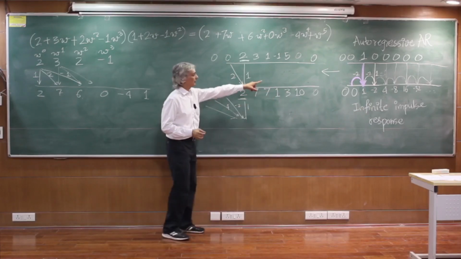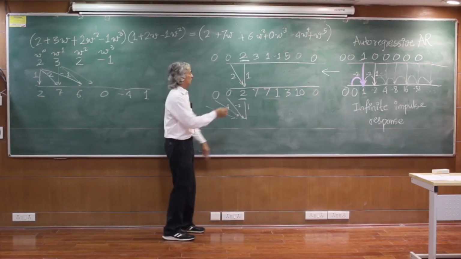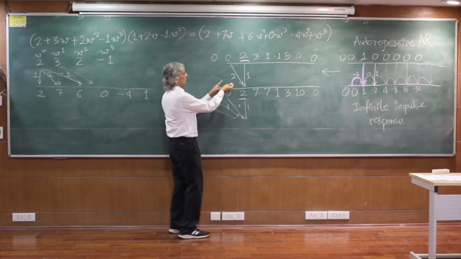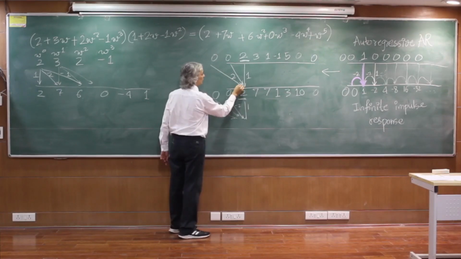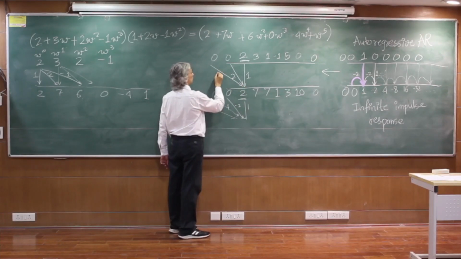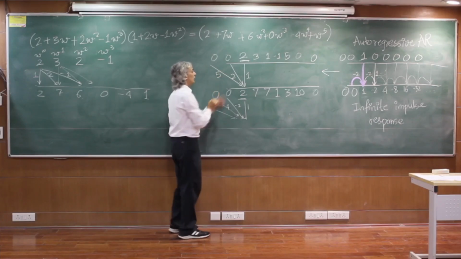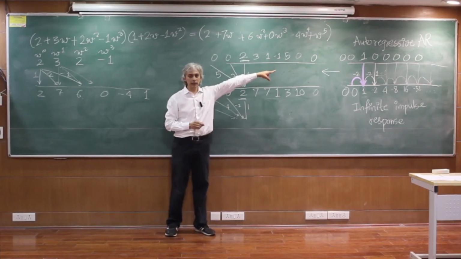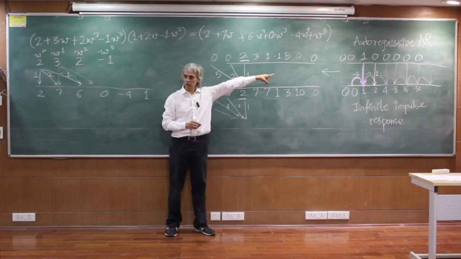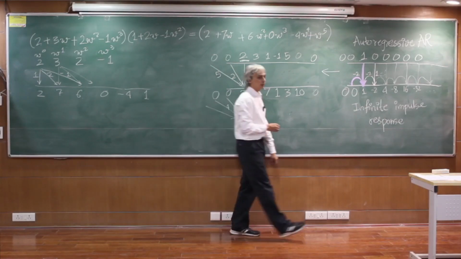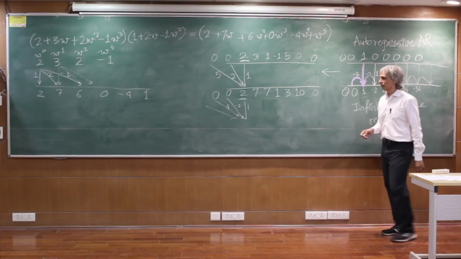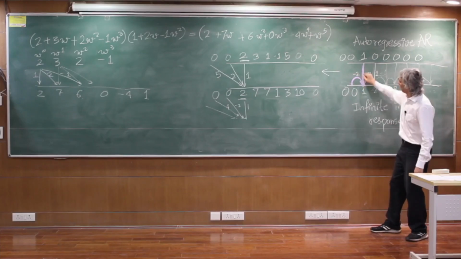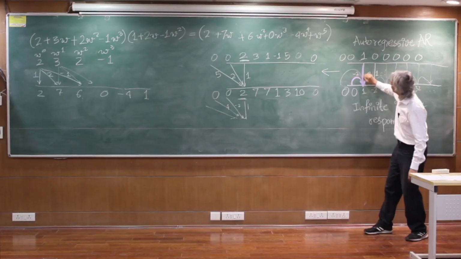So by the way, if I had a third line here, what would be the corresponding structure which is the inverse structure? It would have 1, -2 and -5.